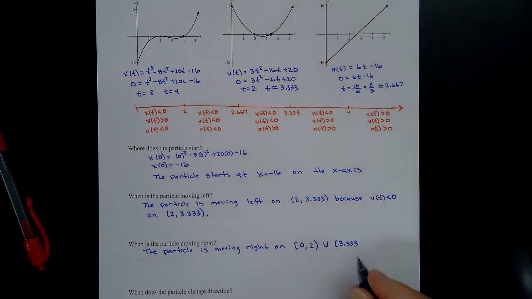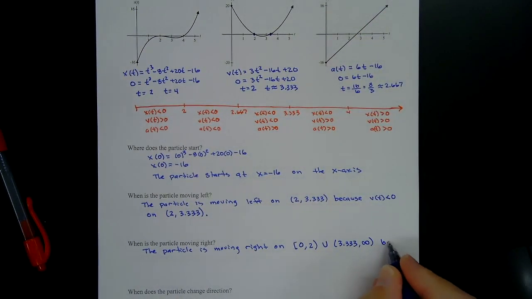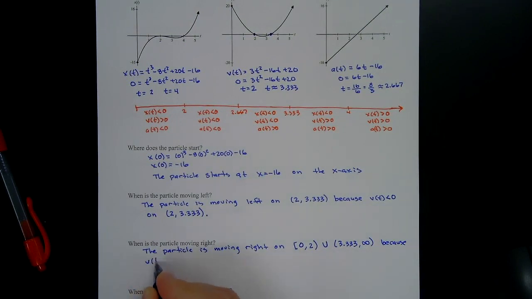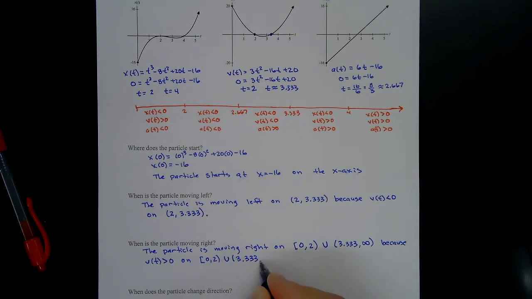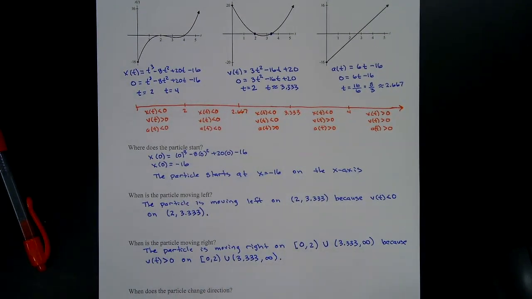And then comma, infinity, because v of t is greater than 0 on those 2 intervals, [0, 2) union (3.333, infinity). And that's why we're saying it's moving to the right there.